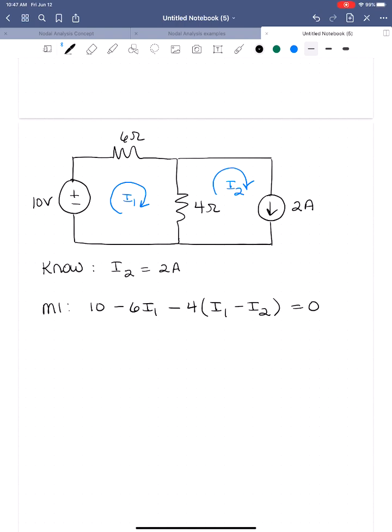So I can substitute in that I2 is equal to 2 amps. When I do that, I'll have one equation, one unknown, and I can solve for I1. I'm going to have minus 10 I1 is equal to minus 18, or I1 is equal to 1.8 amps.